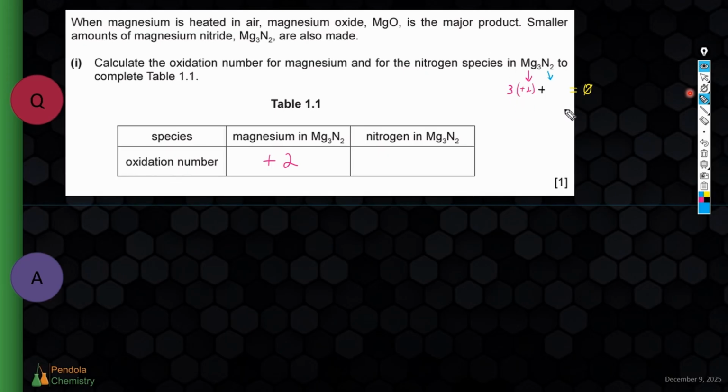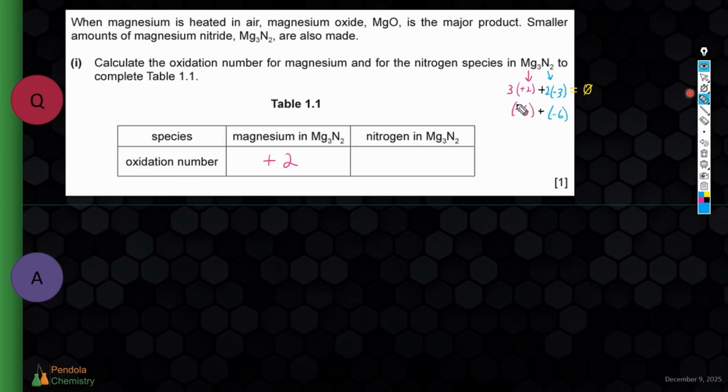Now, that means that the oxidation numbers in total, +2 times 3, is going to be +6. In order for these to completely cancel with the nitrogen oxidation numbers, the nitrogen oxidation numbers need to add up to -6. Well, because there are 2 nitrogens, each nitrogen has to be -3 in oxidation number, because 2 times -3 is -6.